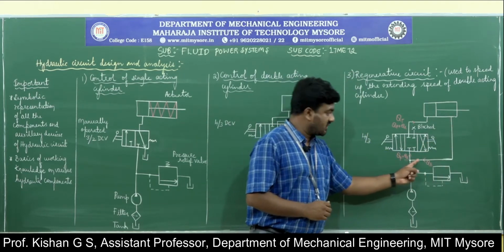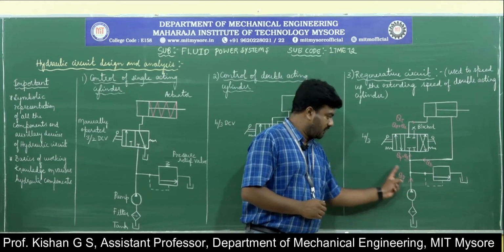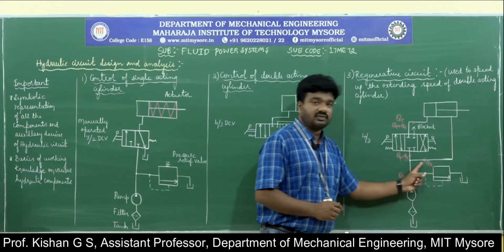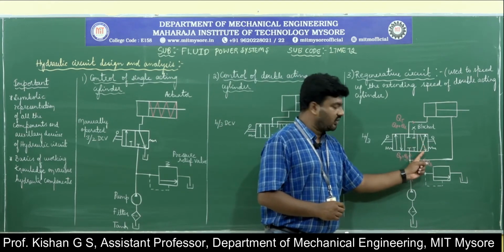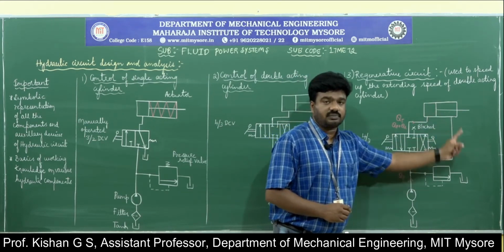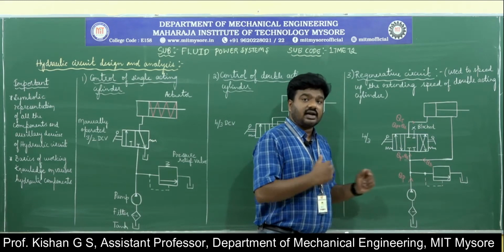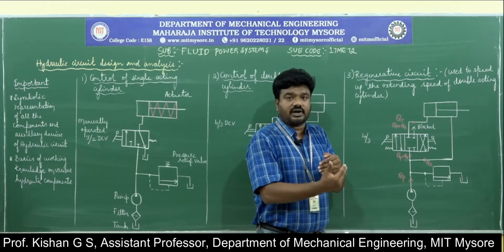You can observe the flow here: QR is the return flow rate, QP is the flow rate from the pump. The return flow of the fluid will be bypassed along with the entry into the tank, so that it enters the inlet that leads into the direction control valve, for the next operating cycle.